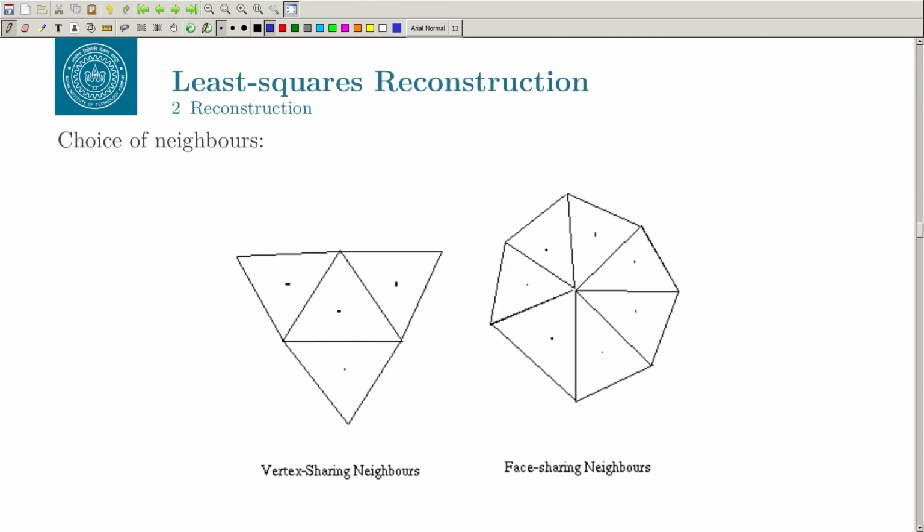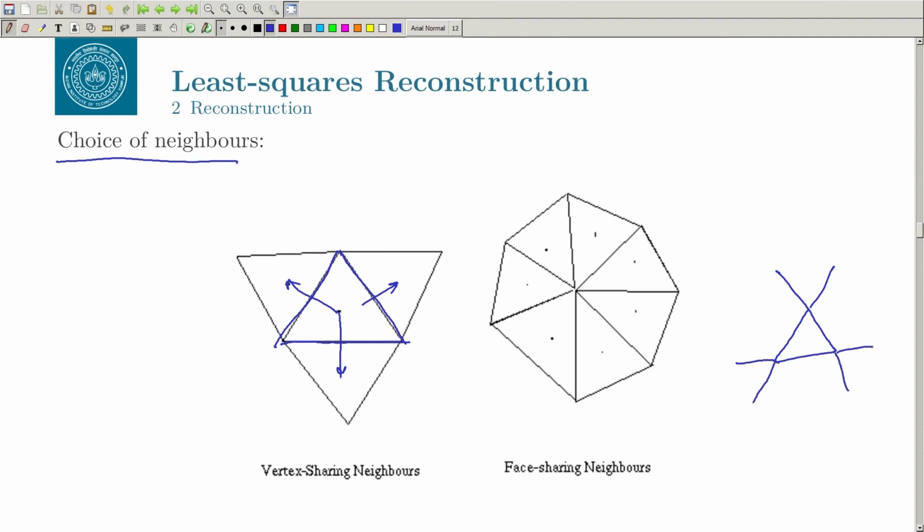And as I told you, you have 2 choices of neighbors: either you can take the face sharing neighbors or the vertex sharing neighbors. I think this is wrongly written. So, this is your face sharing neighbors. This is the cell whose gradient you want to calculate, and these are the cells which share a face with it. Similarly, you can look for the vertex sharing neighbors, as I was giving an example: if you have a cell like this, you can see which cells are connected to your vertex.